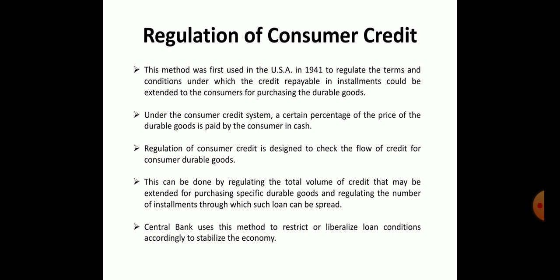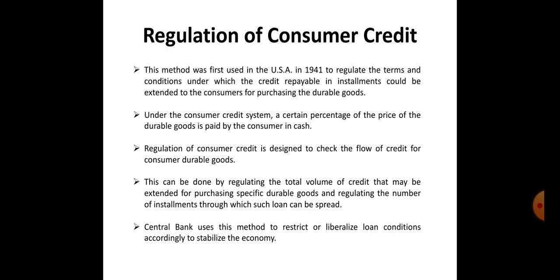For example, if I want to buy an air conditioner for 40,000 rupees, and I want to take a loan against that AC, I will take a 100% loan, but there are some rules and regulations. I have to pay that 40,000 rupees in 8 installments, 12 installments, 18 installments, or maybe some other condition like 8 plus 4.